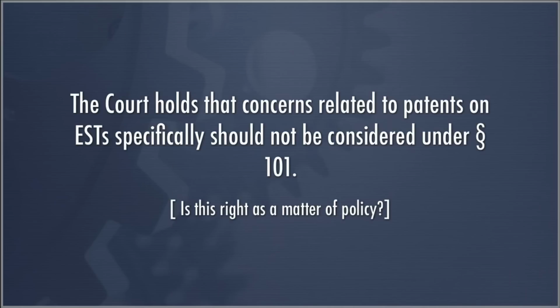The other thing the court in Fisher holds is that concerns about patents generally shouldn't be considered under Section 101. This obviously has been outpaced by events, and Myriad, which was argued recently, is going to change that a fair amount. Under the Fisher rule, ESTs are certainly patentable as a matter of subject matter as long as they can show a specific type of utility.